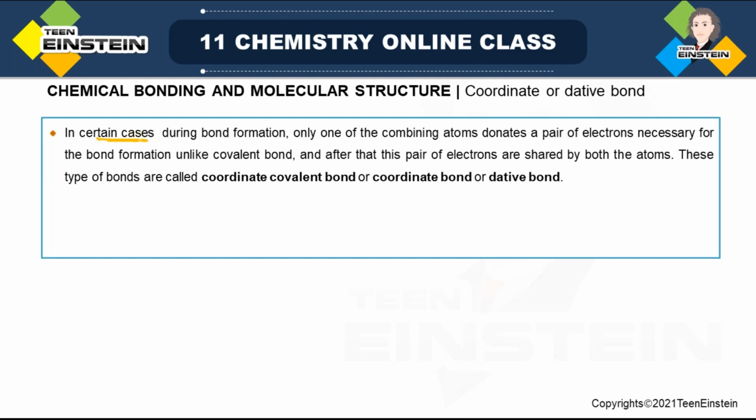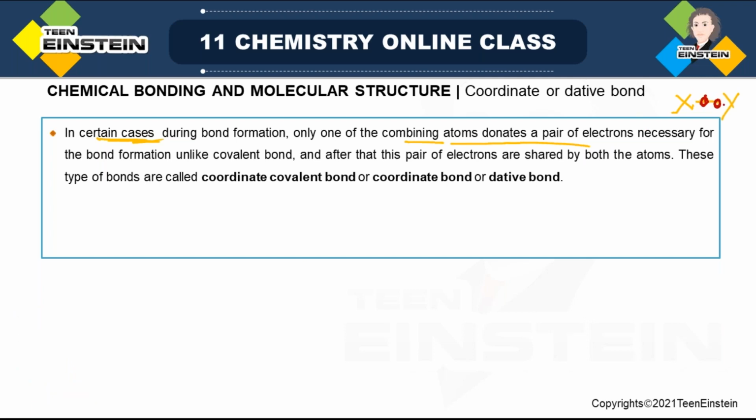In some cases, when there is bond formation, only one of the combining atoms is donating the pair of electrons that is necessary for bond formation. Suppose we have a bond between element X and element Y, and for bond formation a pair of electrons is necessary, that means 2 electrons.